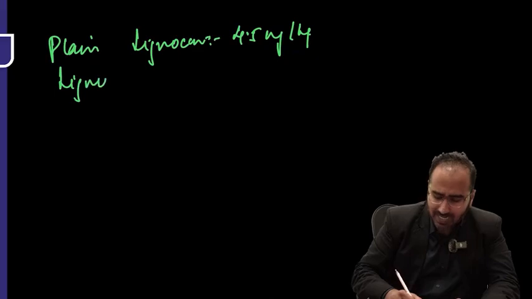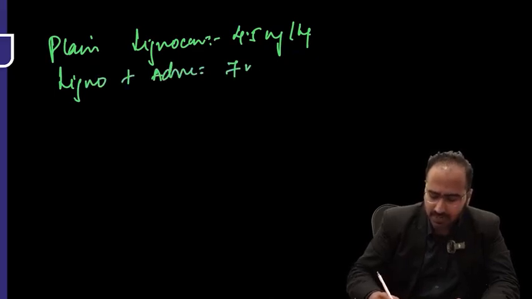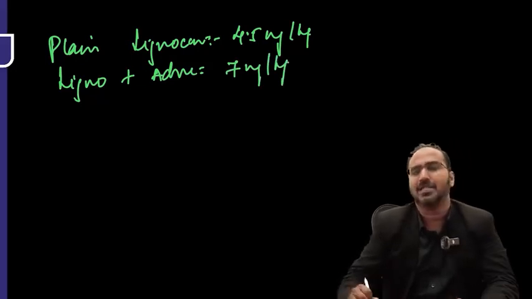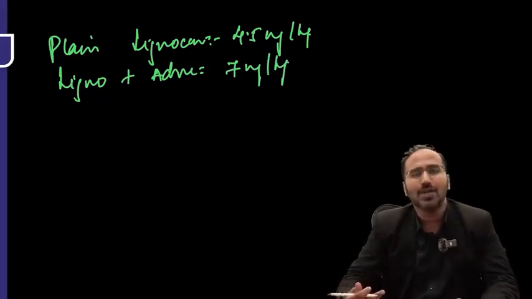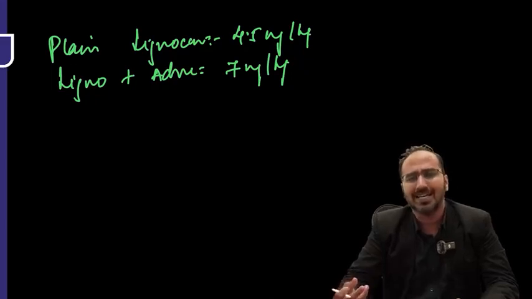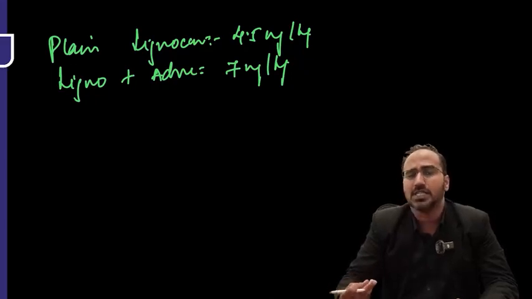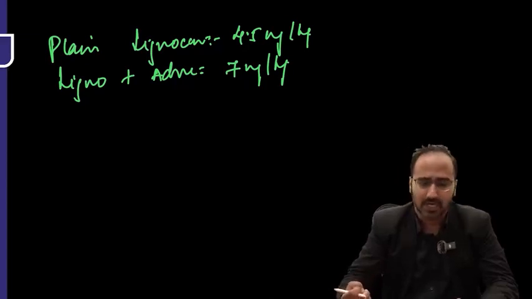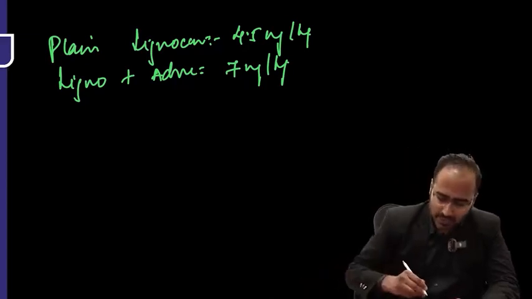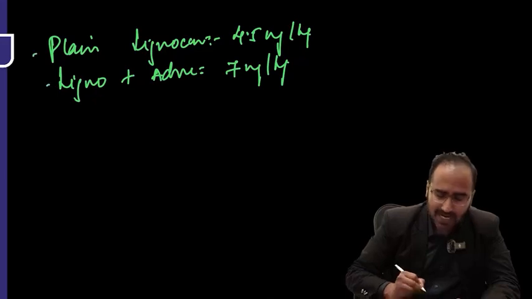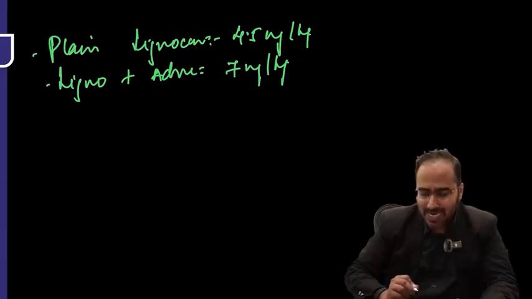But if you are adding adrenaline, then the dose can be 7 mg per kg body weight. Even if you increase the dose, there won't be chances of toxicity, because adrenaline will increase the duration, but it will decrease the toxicity of lignocaine. So that was regarding the dose of lignocaine.